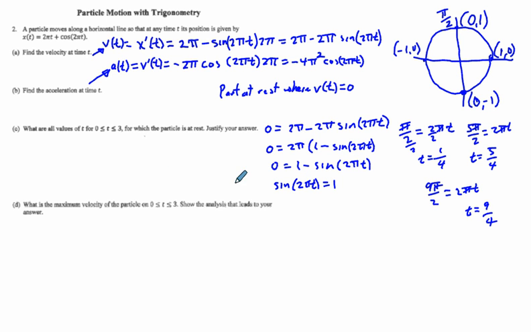So we will say the particle is at rest where t is equal to 1/4, t is equal to 5/4, and t is equal to 9/4.